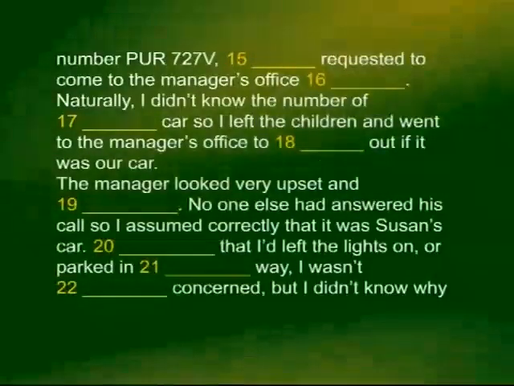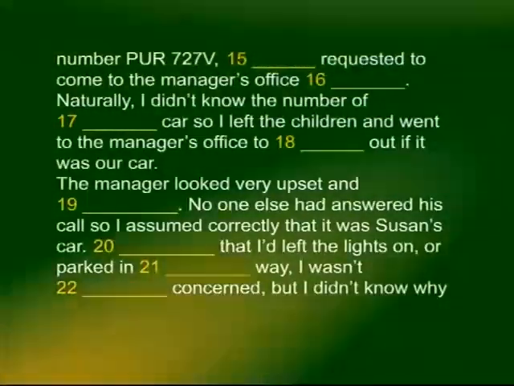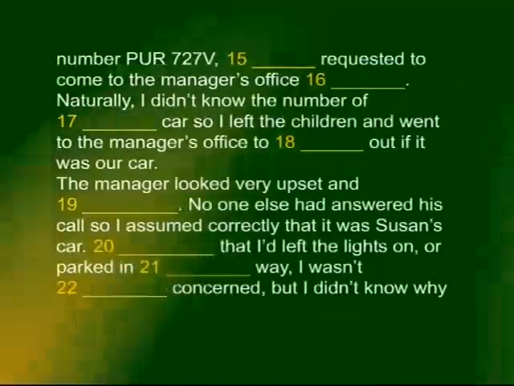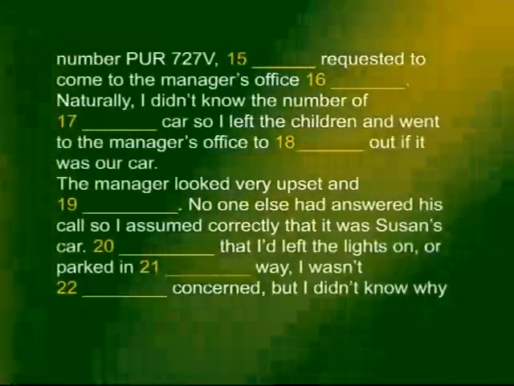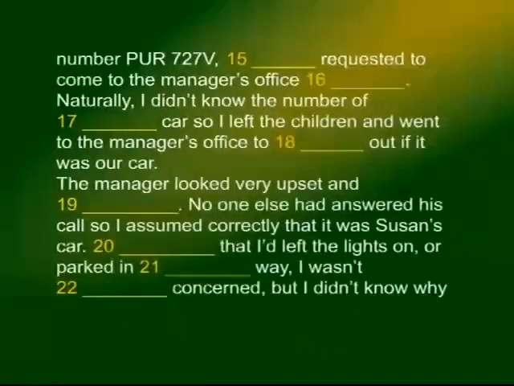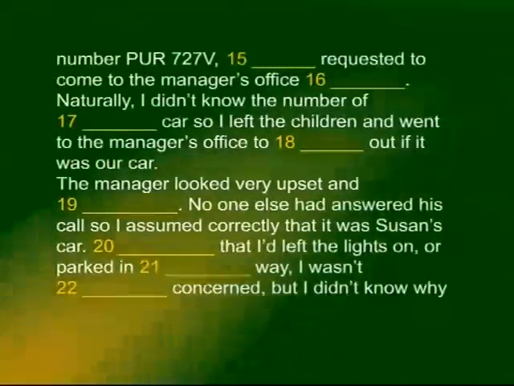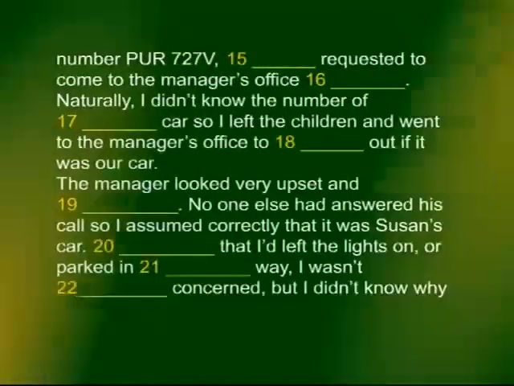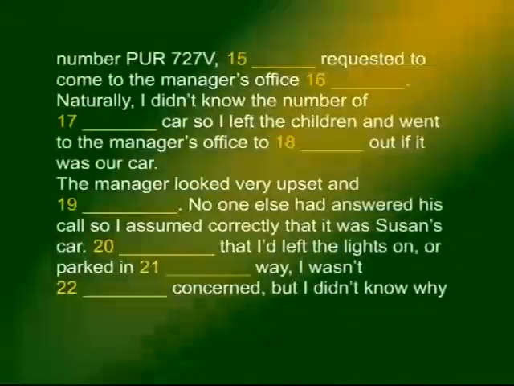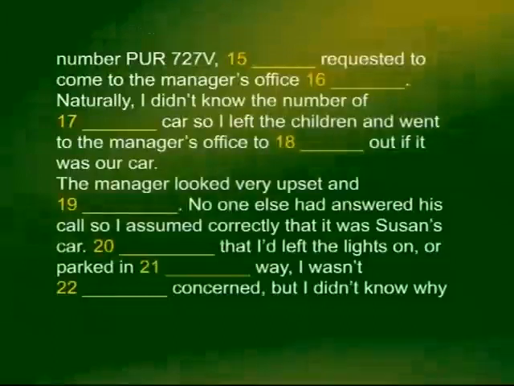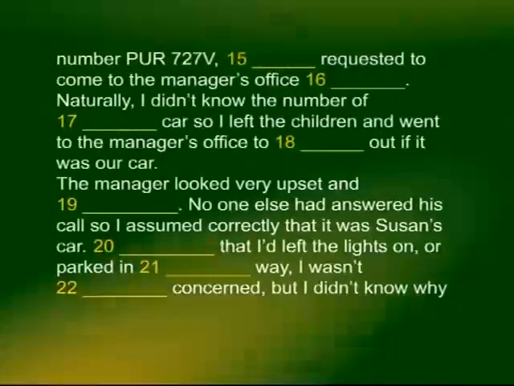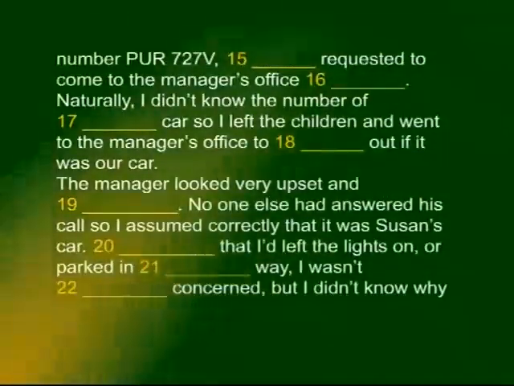Please don't write is. It was requested because the lady is describing an event that took place in the past.